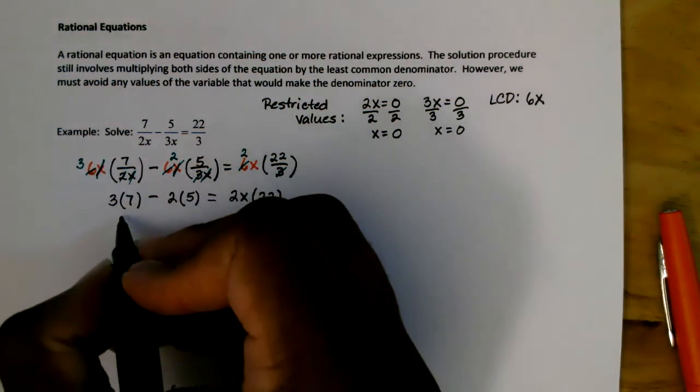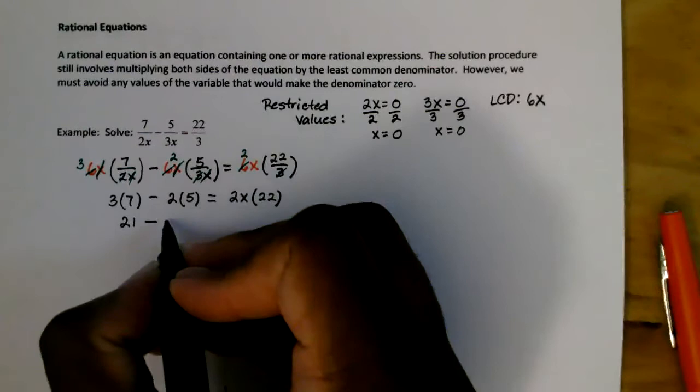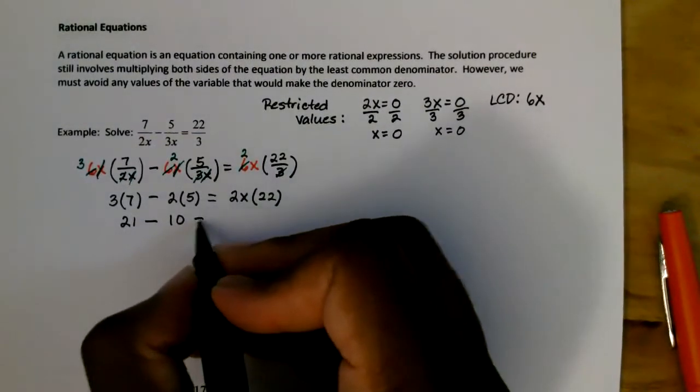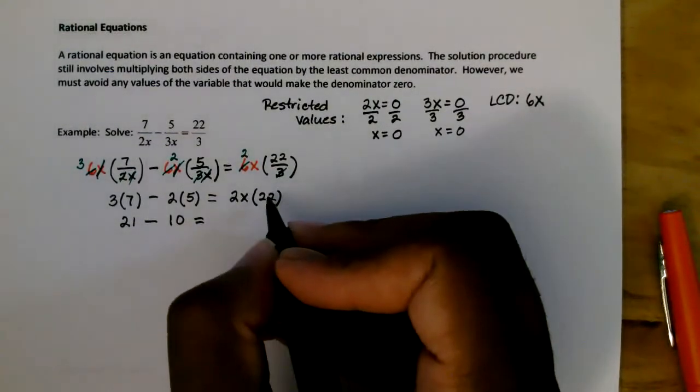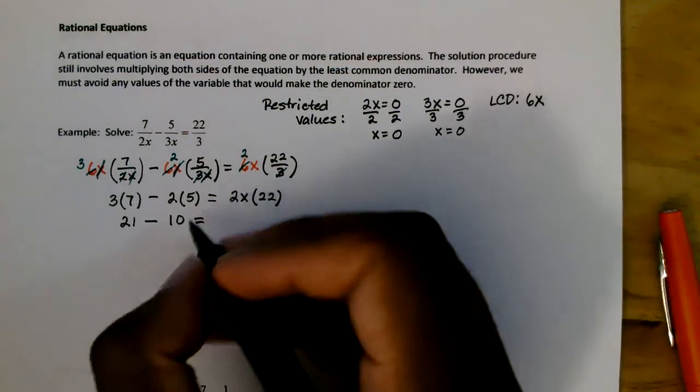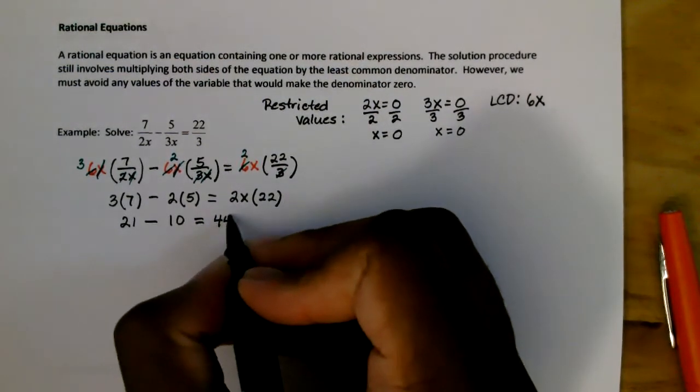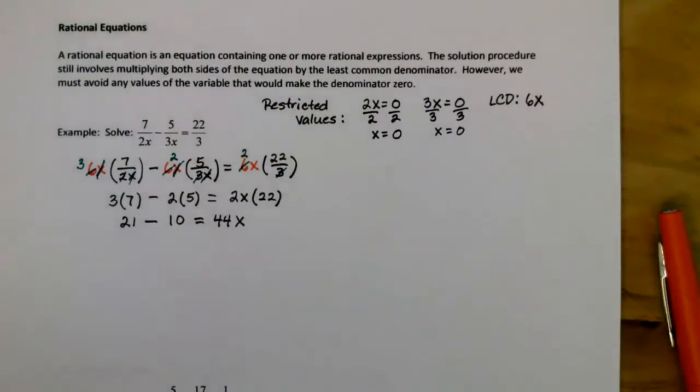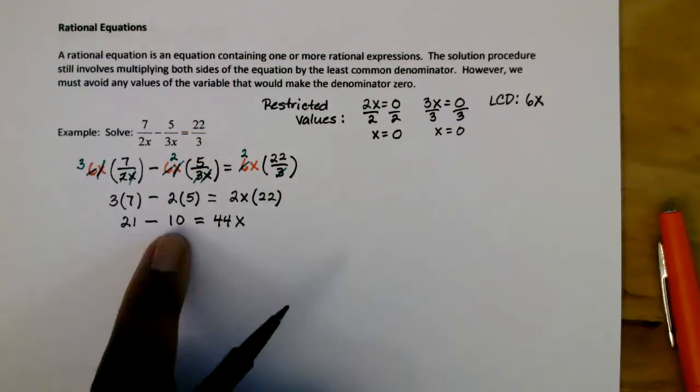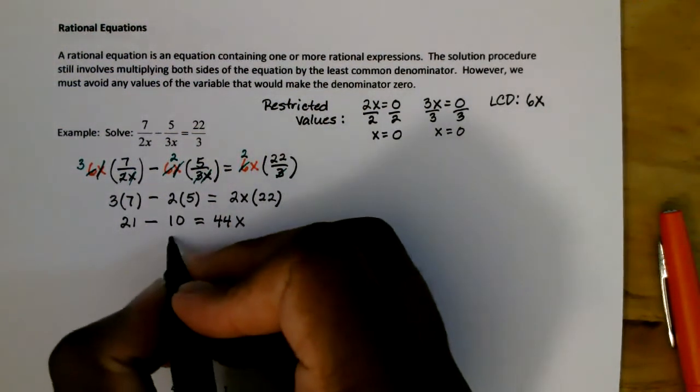3 times 7 is 21, minus 2 times 5 will be 10. That's equal to 2x times 22, or 22 times 2 will be 44x. Now, if I subtract 21 minus 10, that will be 11.